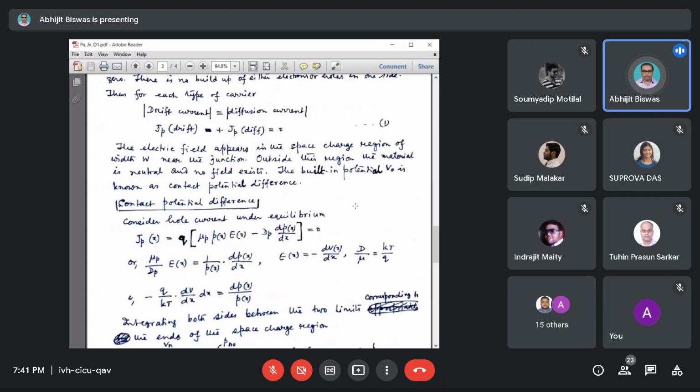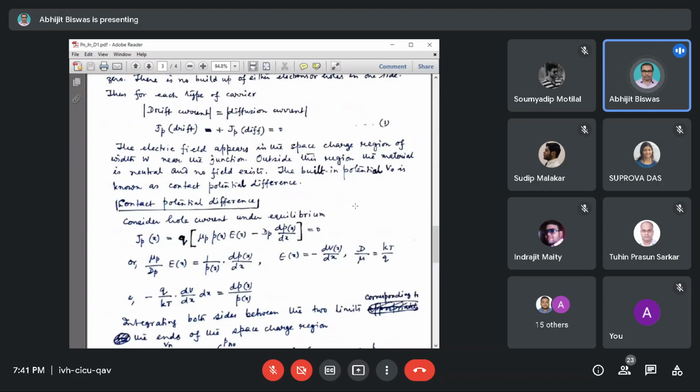When we have not applied any bias across the PN junction, net current will be 0, and this is 0 for electrons and 0 for holes separately. This means drift current of holes plus diffusion current of holes is equal to 0.